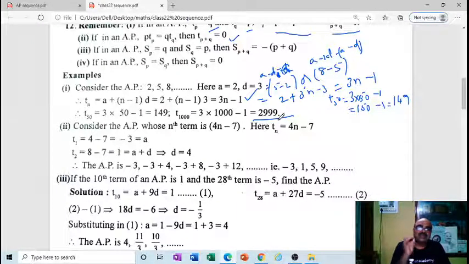This is an important thing, and to crack this in CET you will not get so much time. The moment you see the concept, if you can arrive at the nth term as 3n minus 1, let them give any term here, even if it is T10,000, T15,000, T29,000, T55,000, we can calculate.